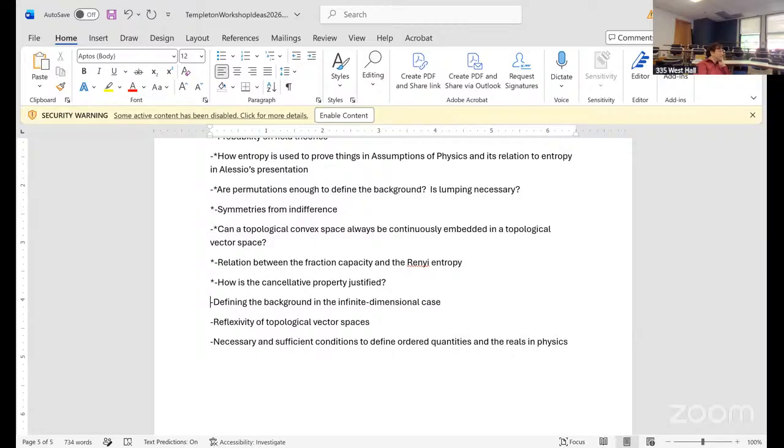And this is because the observables are not continuous. So one way we were thinking of amending Hilbert space is by saying that the observables have to be generators of a one-parameter group, and they have to be continuous.